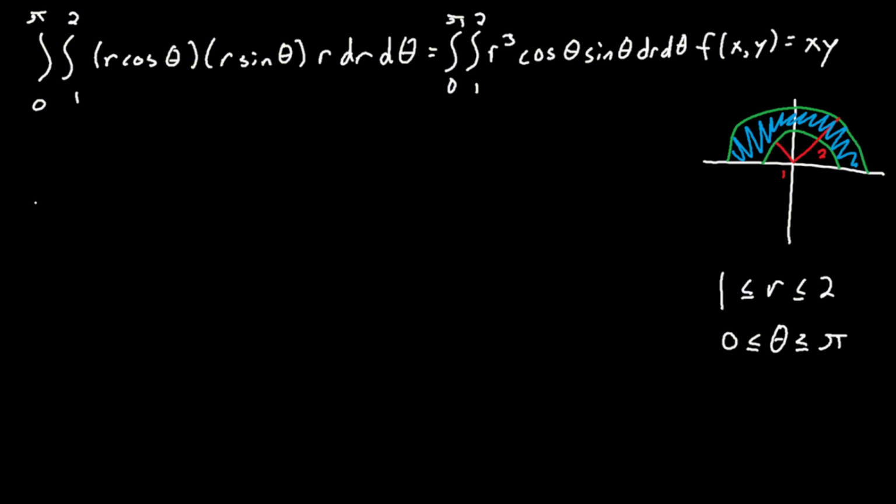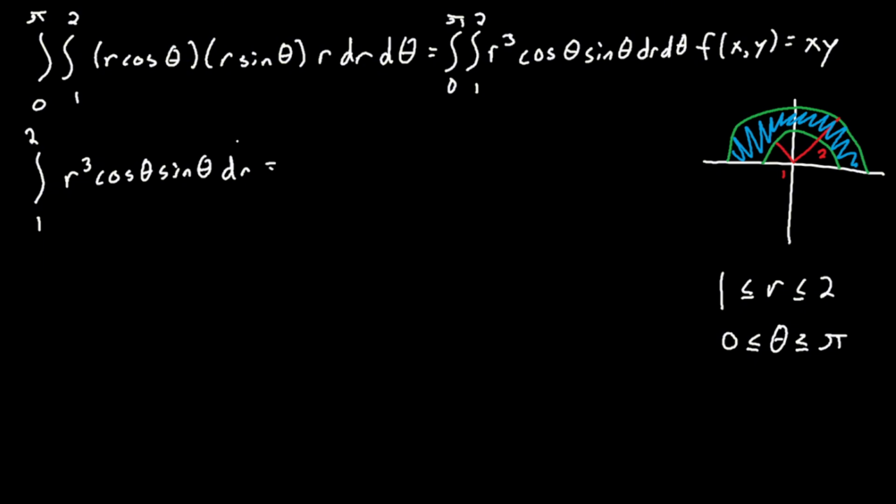So let's go ahead and start this. We will integrate 1 to 2 with r to the power of 3 of cosine theta sine theta. And what actually happens here is, and we'll integrate this with respect to r, these theta functions for cosine and sine are treated as constants currently. So we can actually move them out of the integral, if that helps.